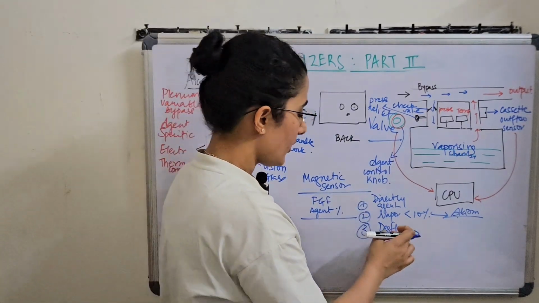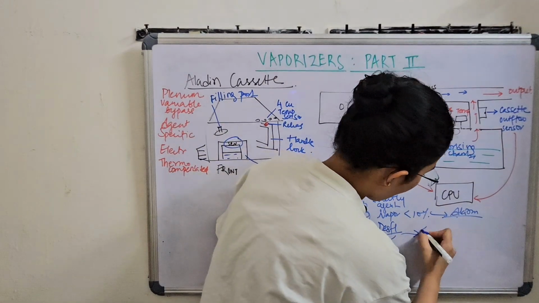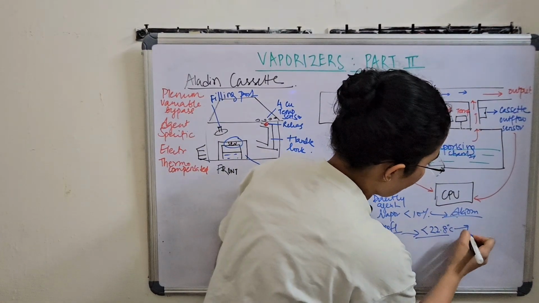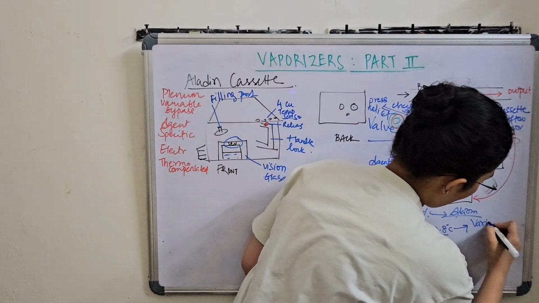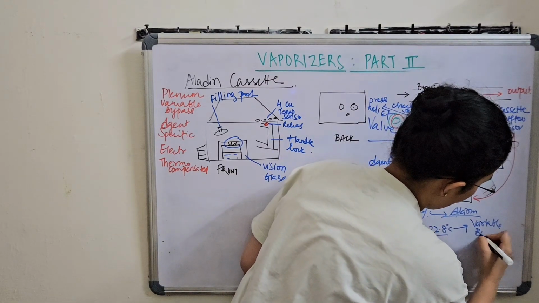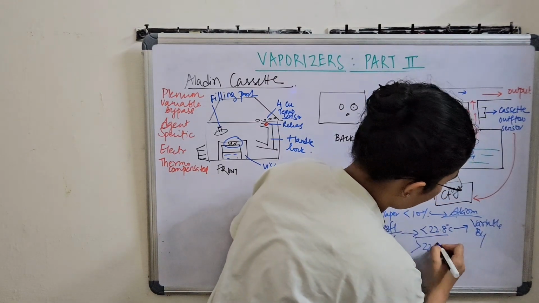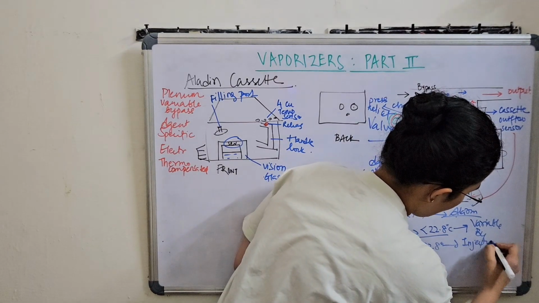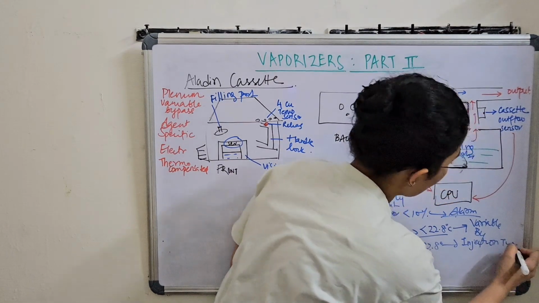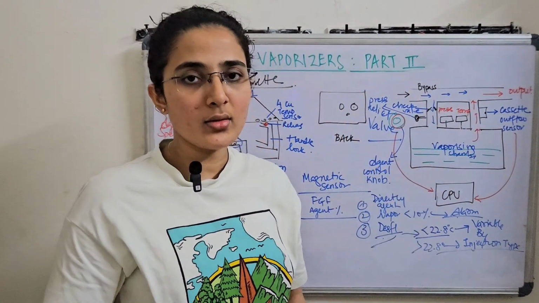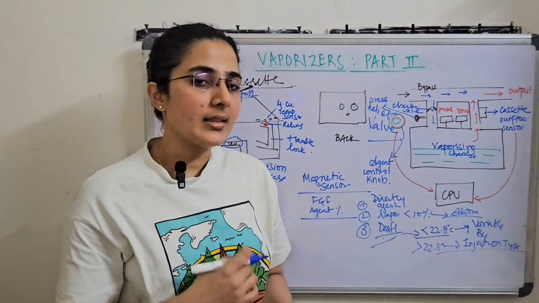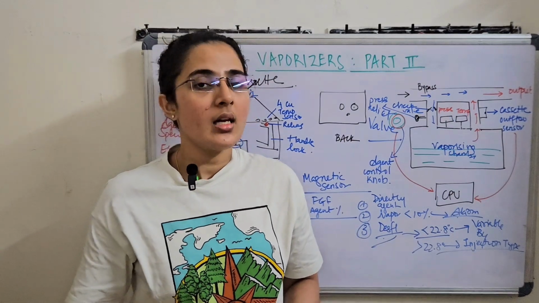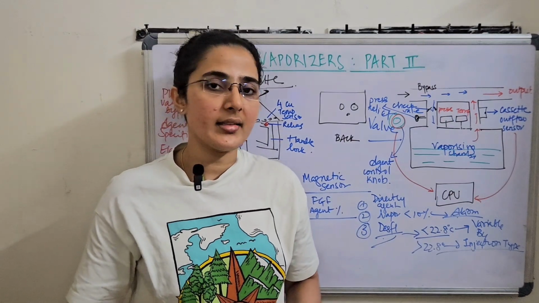But for desflurane, there is a feature that if the temperature is less than 22.8 degrees Celsius, it will usually be a variable bypass form only. But if it is more than 22.8, the Aladin cassette acts like an injection type. Most of these Aladin cassettes also have a fan at the rear end in order to maintain the temperature of the cassette at 18 to 20 degrees Celsius.